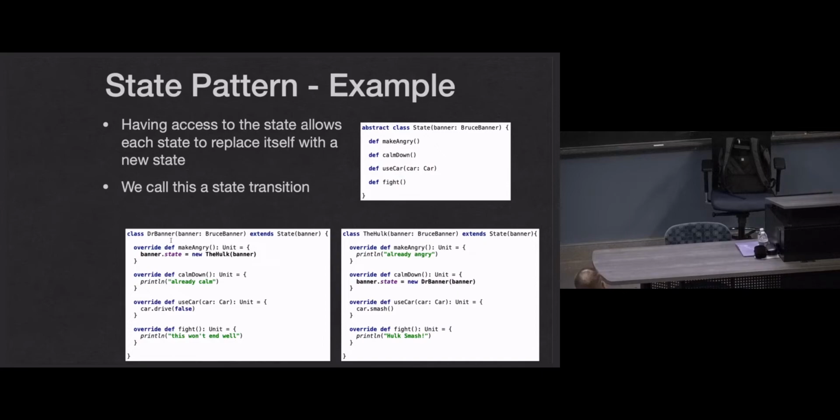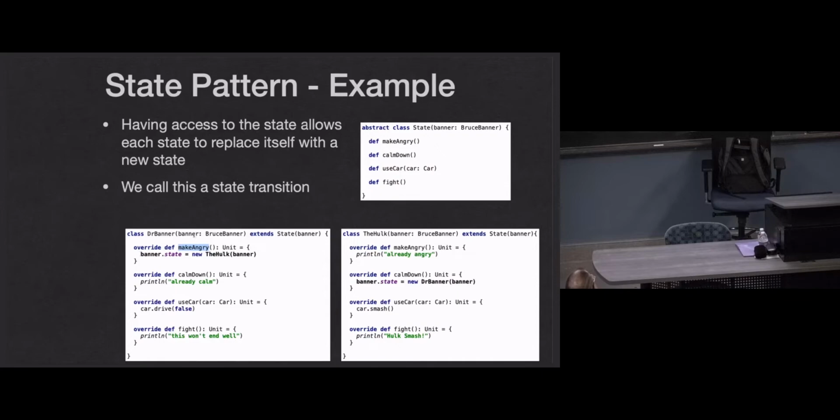So when something's modifying the state of that object, it's going to be a state transition. So for example, when Bruce is in the Dr. Banner state and somebody makes him angry, he's going to transition into the Hulk. He's going to transform into the Hulk, and he's the Hulk from then on until he transitions back.